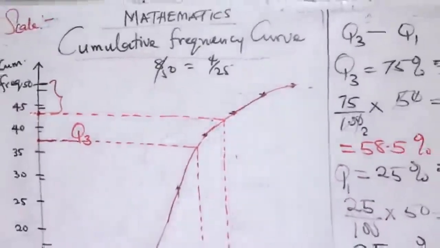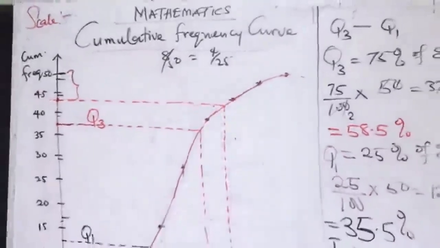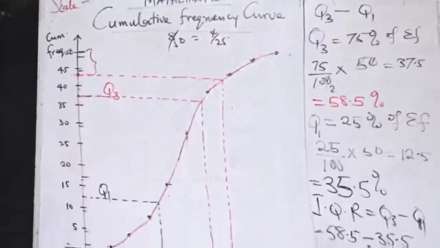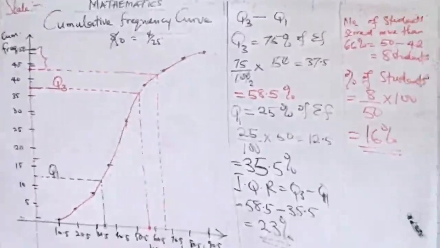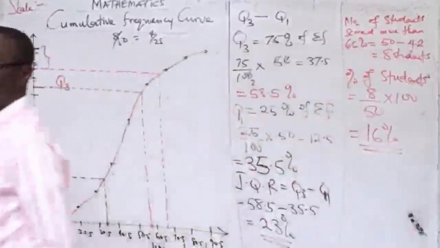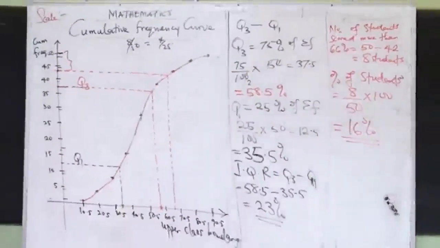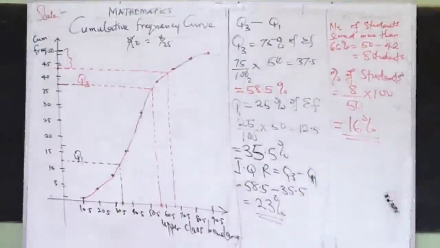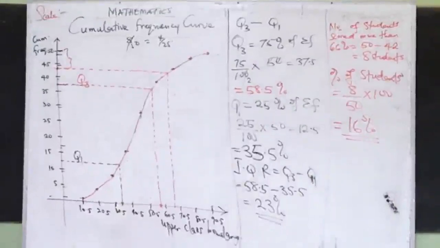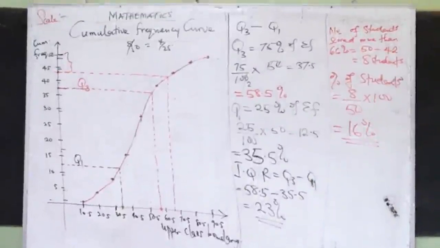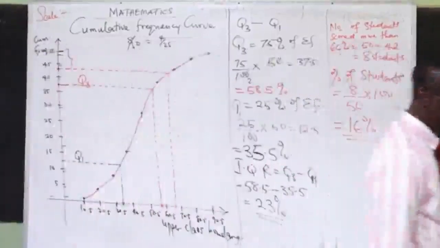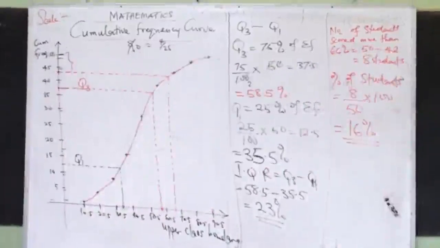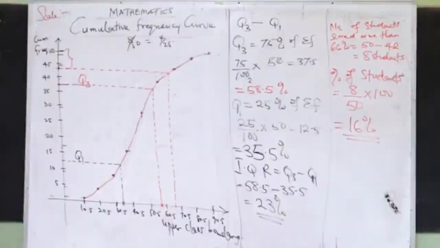If the question changes and says how many students scored a maximum of 66%. 42, because those did not score above. How many students did not score above 66?